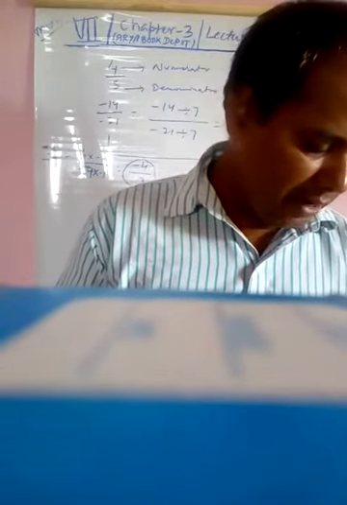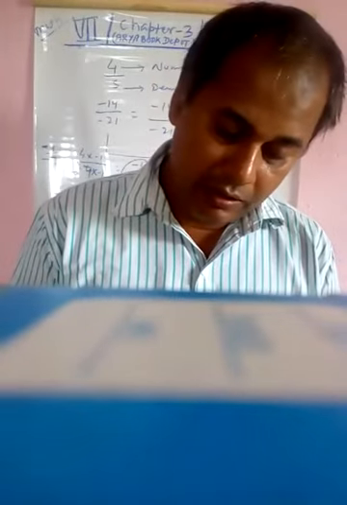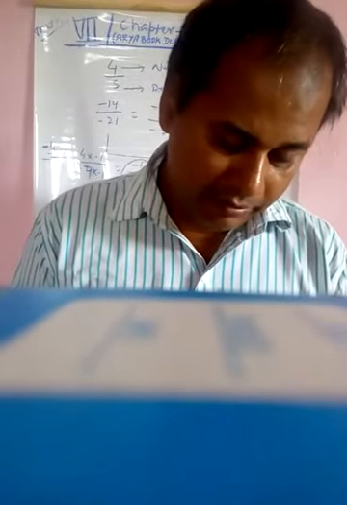Hence 5 by minus 3 is equal to minus 5 by 3.